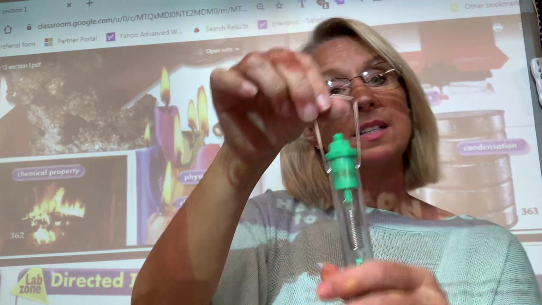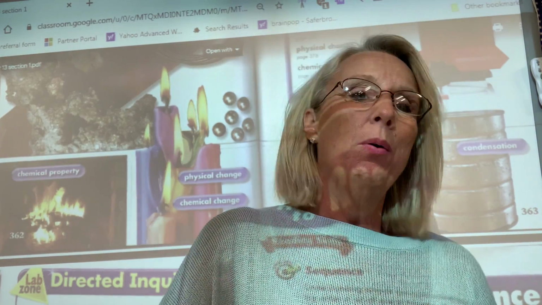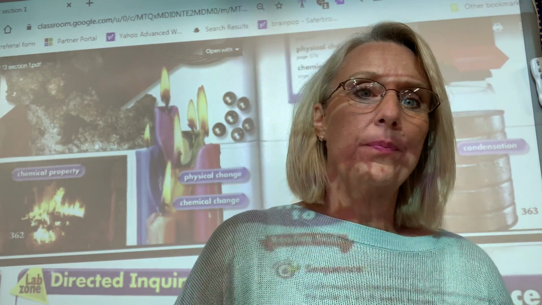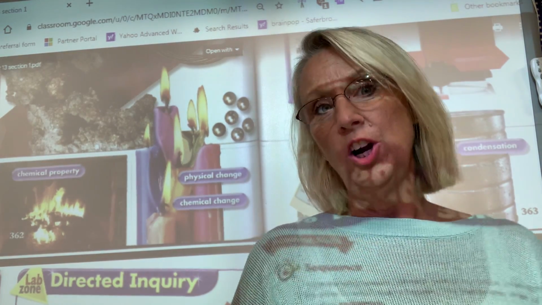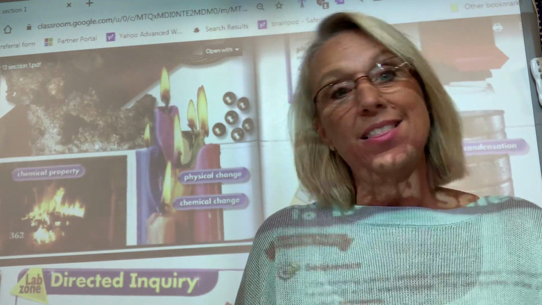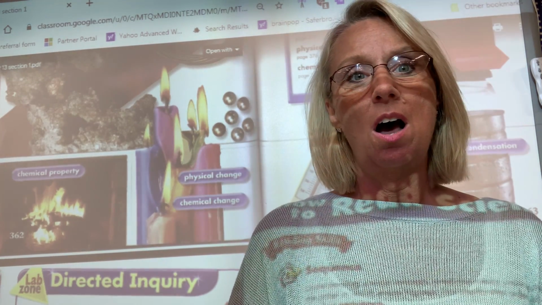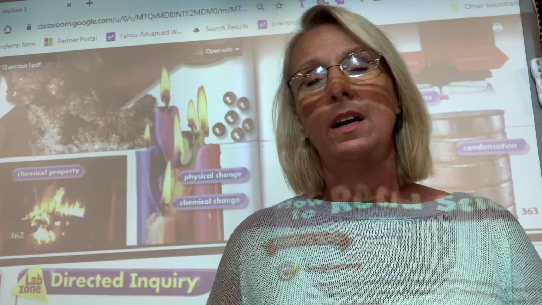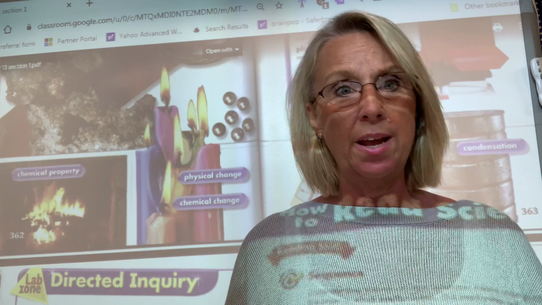Okay, weight depends on gravity. Now, we've all stepped on a scale before, and some of us more than others as we try to maintain our weight. But when we get on a scale, there are mechanisms inside that are really determining how much gravity your body is pulling, and that determines your weight. So when I step on that scale, it's not so much, oh gosh, I've gained 5 extra pounds.